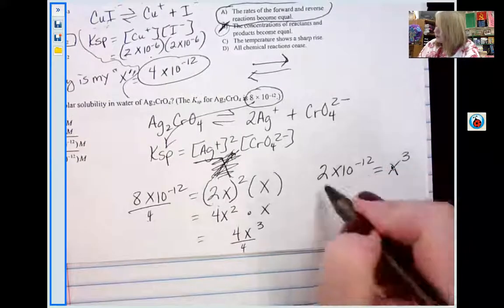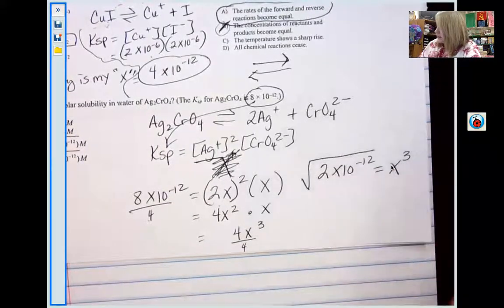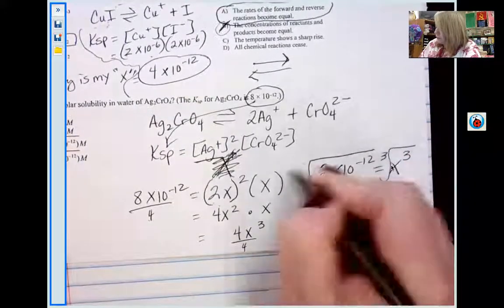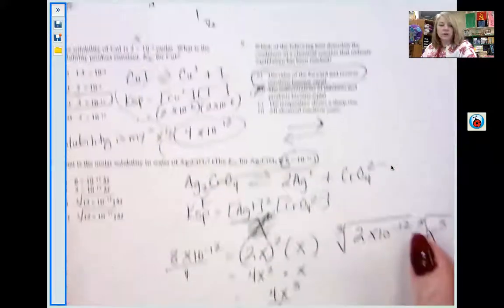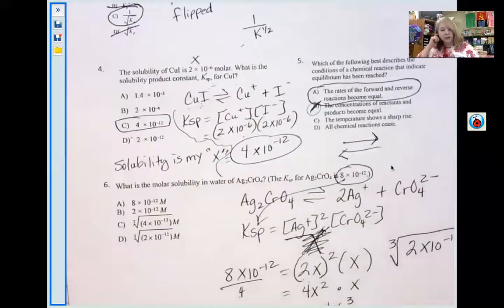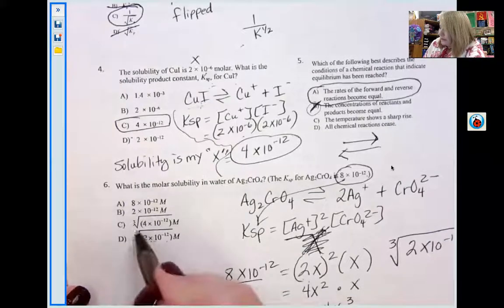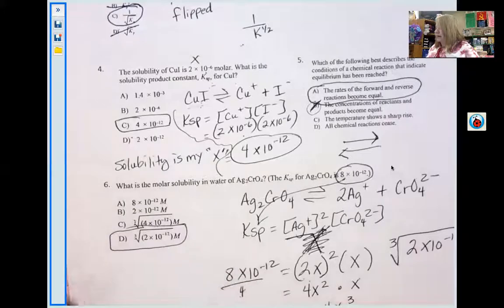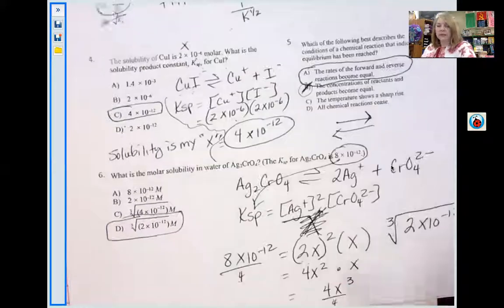Okay, so in order for us to find this, we would need to take the cube root of both sides. And they didn't even ask you to do that, even though I let you use a calculator on this. So the correct answer for this one is D, because we had to divide by 4 to get that one. All right, moving on to the next question.